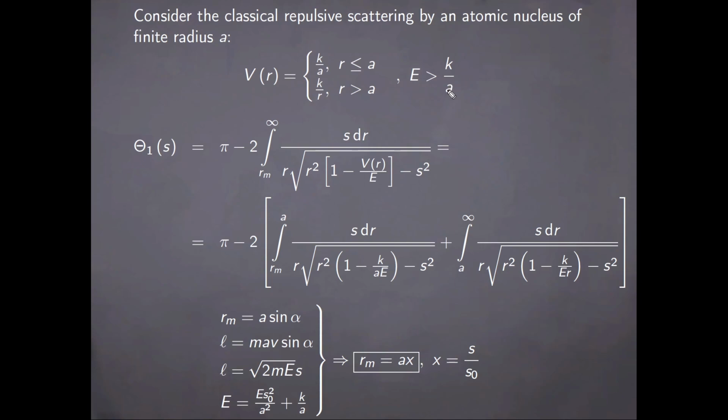And once again, we need to consider two situations. The first one is the one where the impact parameter is small enough that the particle undergoes Coulomb scattering initially, then gets inside the nucleus where the potential is constant.